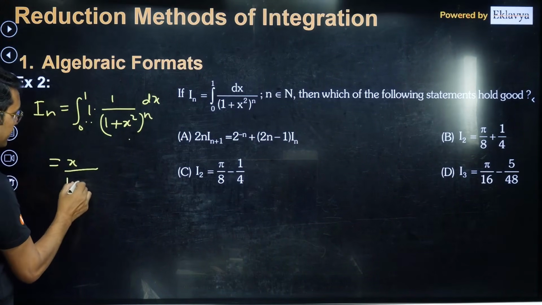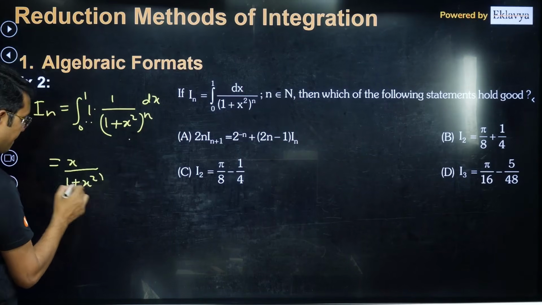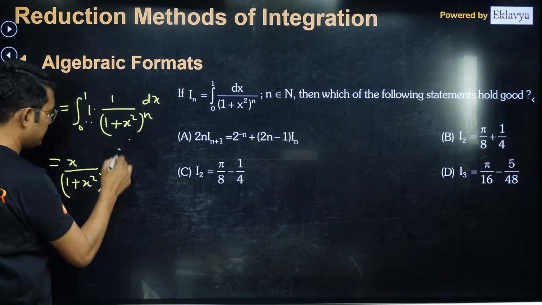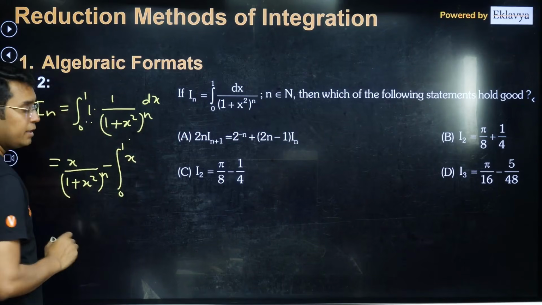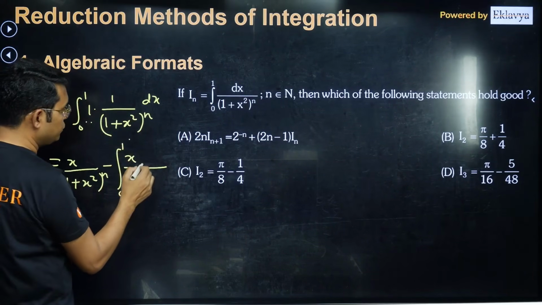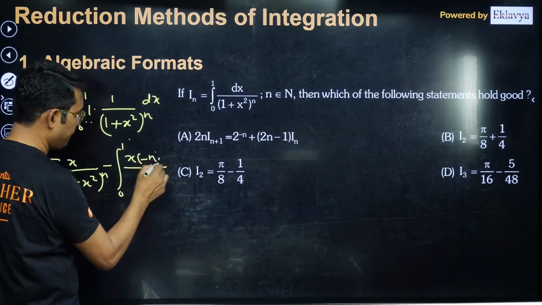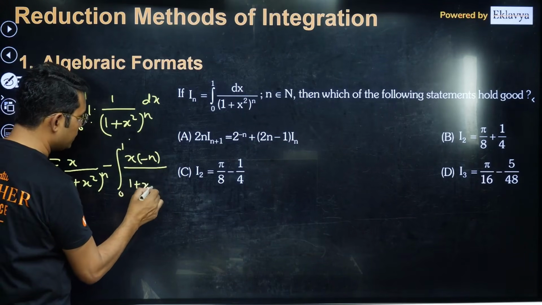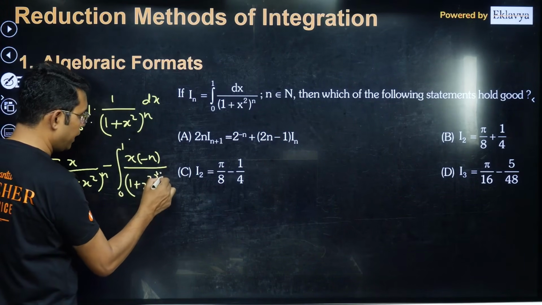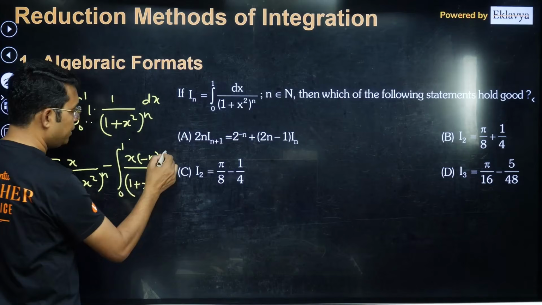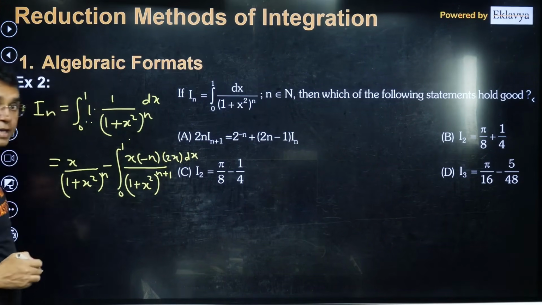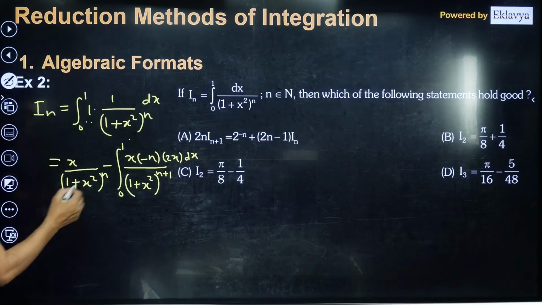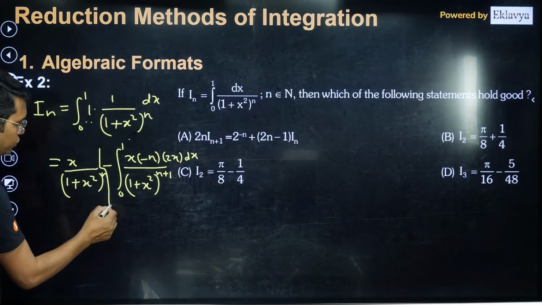This we will be writing as it is, minus the integral from 0 to 1 of x times the differentiation of this, which would be minus n upon (1 plus x square) whole raised to the power n plus 1. And then 2x also will come from the differentiation of 1 plus x square using the chain rule.